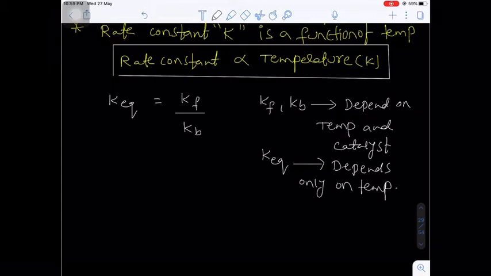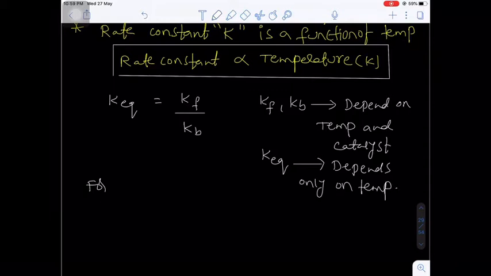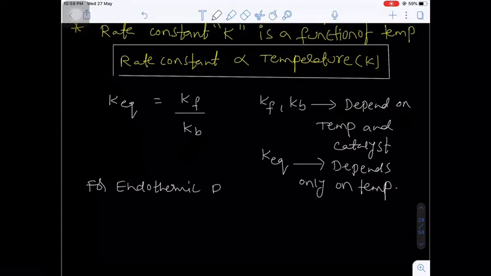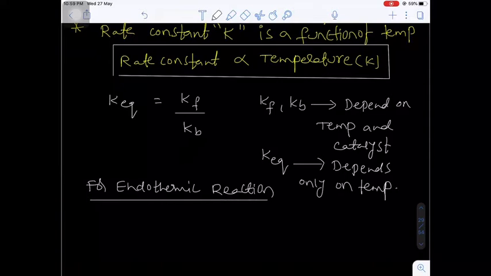Okay, now here, first of all we will see endothermic reactions. What are endothermic reactions? Those reactions which occur by absorption of heat energy.